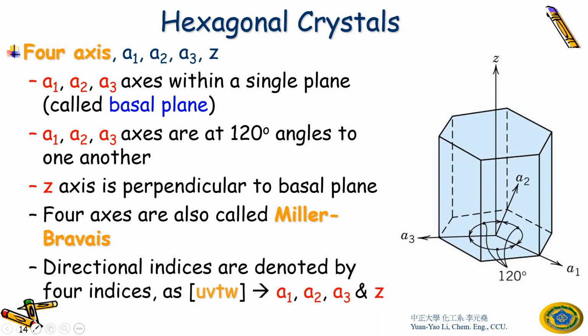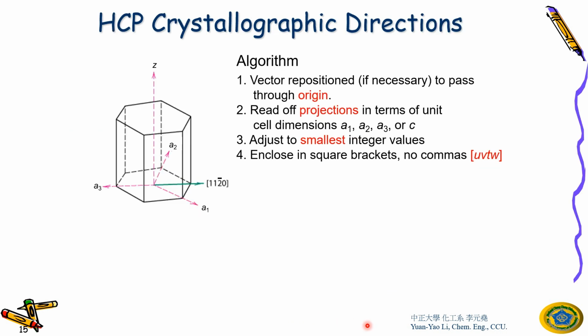Okay, you don't need to remember this, but what you need to know is, you have 4 numbers, U, V, T, W, to address information in the A1, A2, A3, and Z. Again, you need to follow the 4 steps to give the numbers for this direction. Okay, A1, A2, A3, and Z. 4 steps.